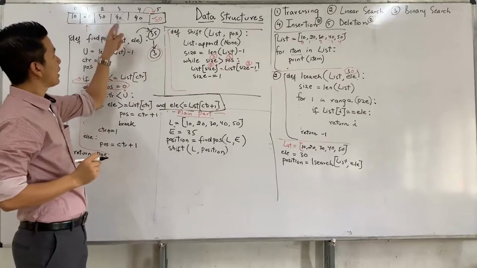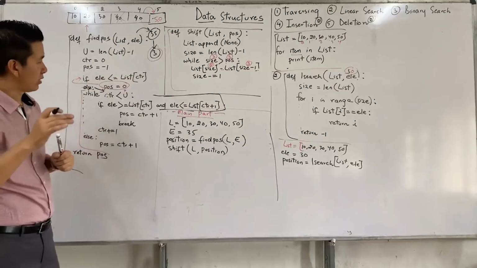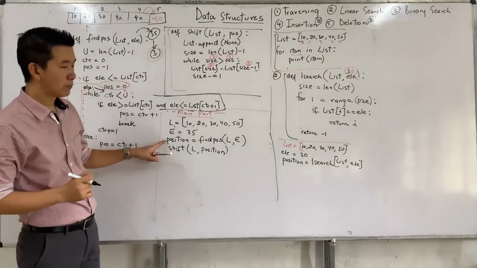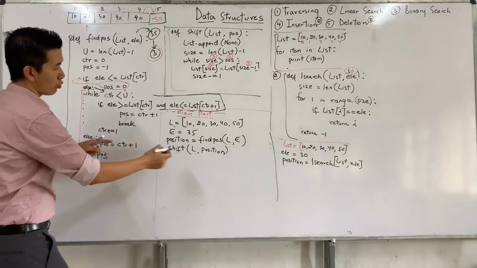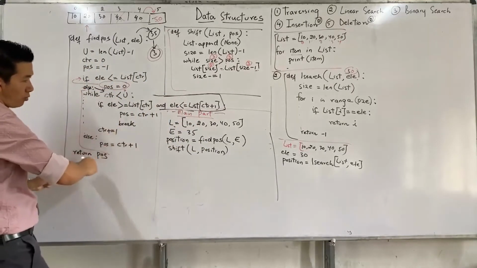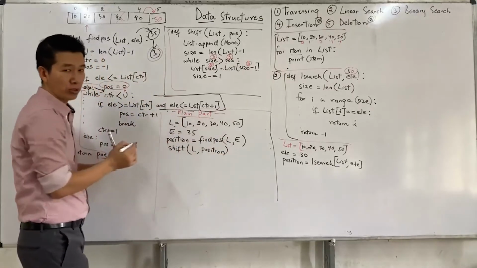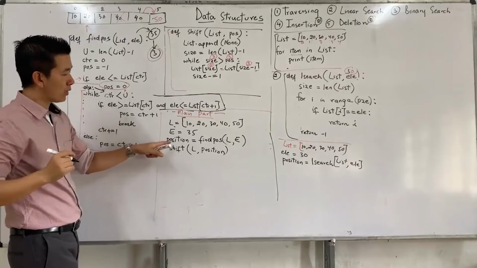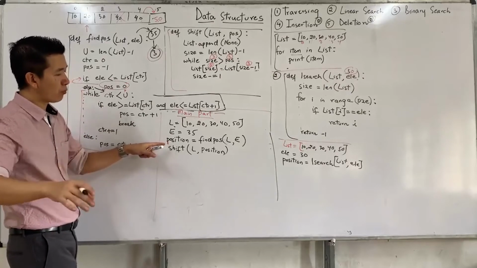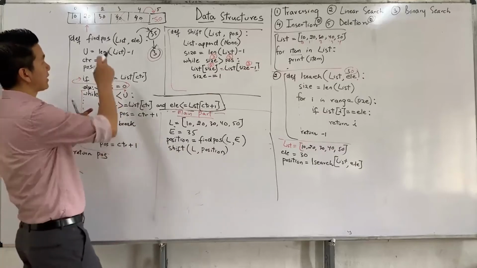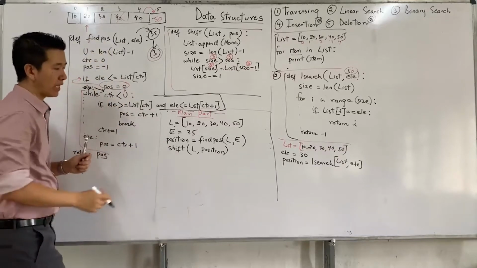The index of this element is represented by the variable P or S, or in this case, position. You call the function, and then the position value will be returned and assigned to position. So you will have the appropriate position value in the position variable. Okay, so this is how you access that specific element.